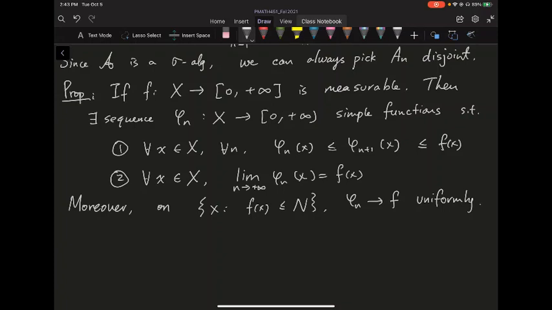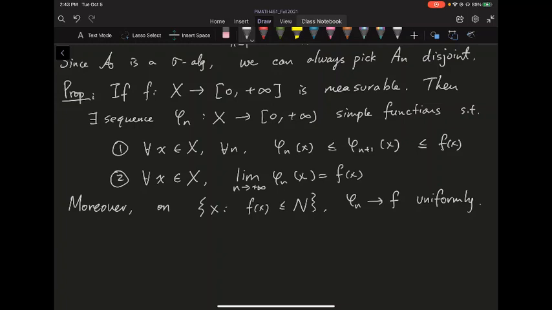Essentially, if I have some measurable function, here I take a non-negative measurable function that takes values in 0 to positive infinity, I allow positive infinity. Again, measurable here just means Borel measurable, where you equip [0, infinity] with the Borel sigma algebra.